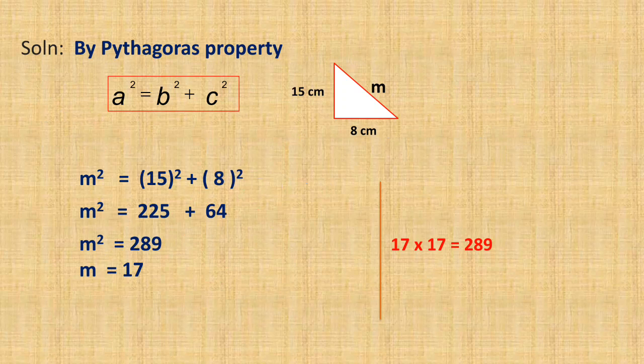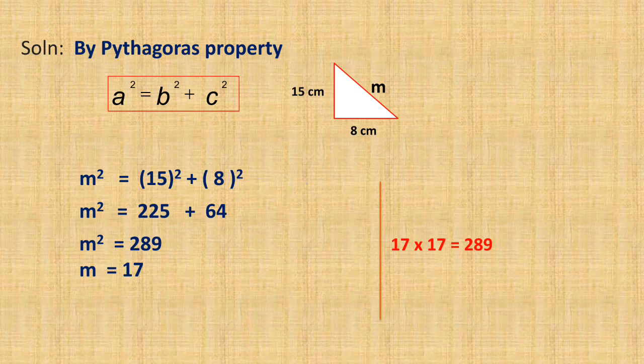We are having m square, remaining B 15 square, C 8 square. Write m square as it is. 15 square, 15 into 15, is 225, plus 8 into 8 is 64. 225 is 15 square, 64 is 8 square.